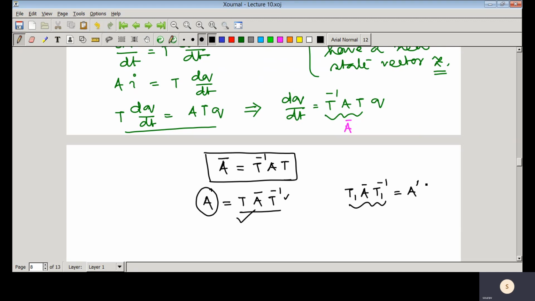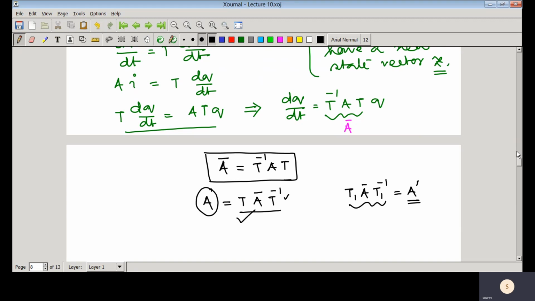Suppose this is A dash. So again, this is another state space representation. From this example, we can see that state space representation is not unique. That means if you take a different non-singular T matrix, you can have a different state space representation.